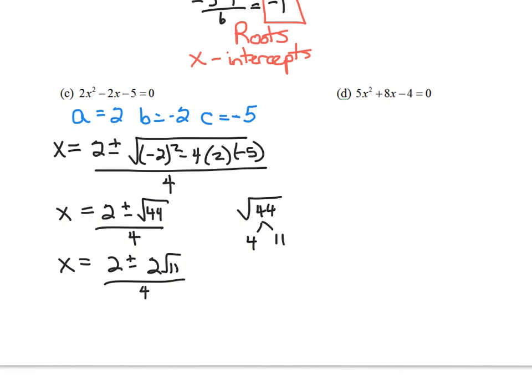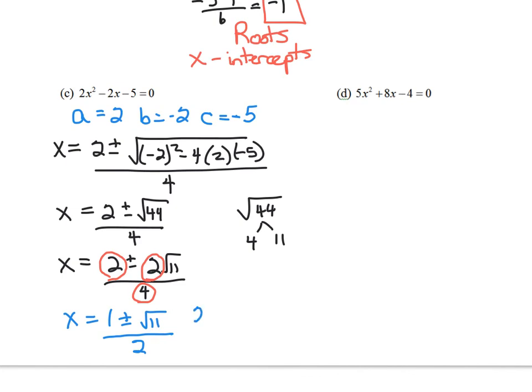Now, whenever I'm looking to simplify, I'm going to look for this number, this number, and this number to all be divisible by the same thing. In this case, they're all divisible by 2, so I'm getting x is equal to 1 plus or minus 1 radical 11 all over 2. So this simplification was a little bit different when you took a look at it.